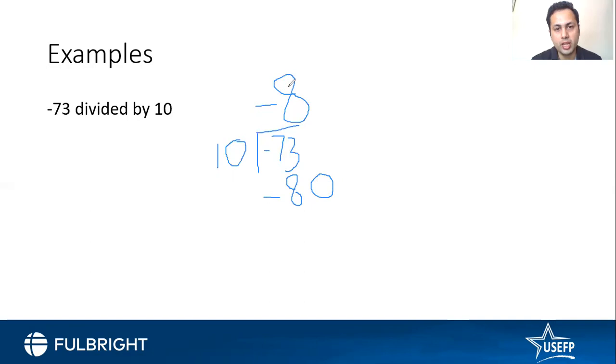So 10 into minus 8 gives minus 80, and over here we would get a remainder of 7. So the quotient is minus 8 and the remainder is 7. For those of you who got it right, well done. For those of you who got it wrong, it is most probably because you're not familiar with solving it. So the quotient for this question is minus 8 and the remainder is 7.